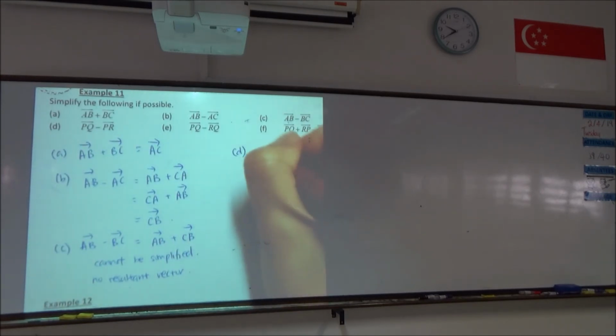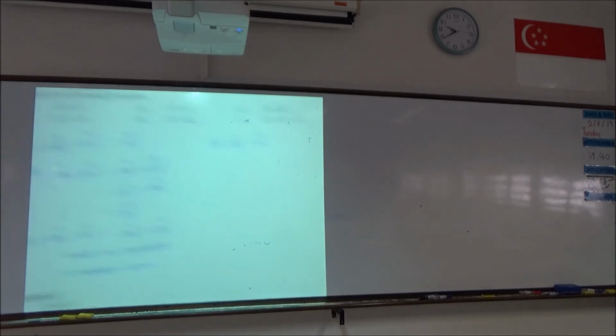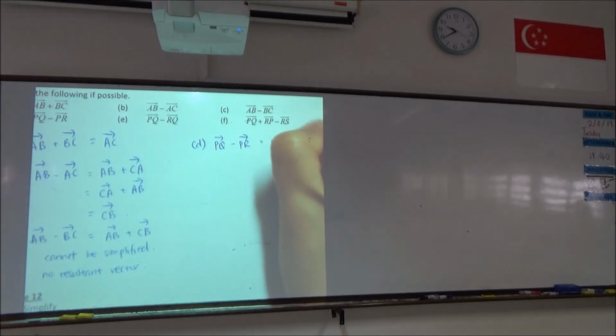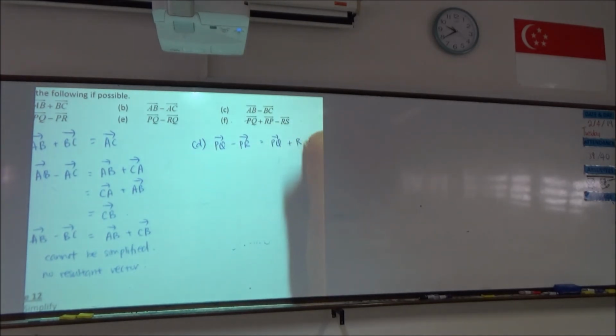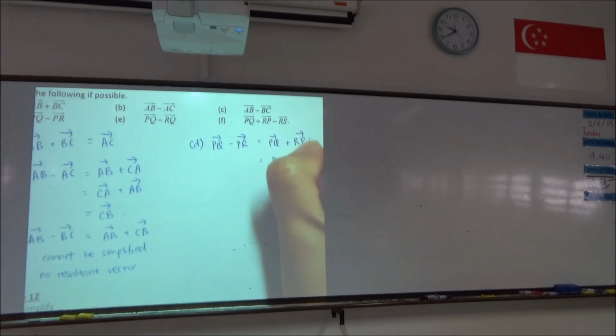Then after next, you look at PQ minus PR. So changing it into addition, so that will be PQ plus RP. Here we can, in this case, swap them around.